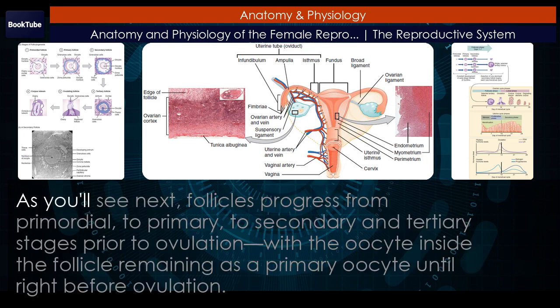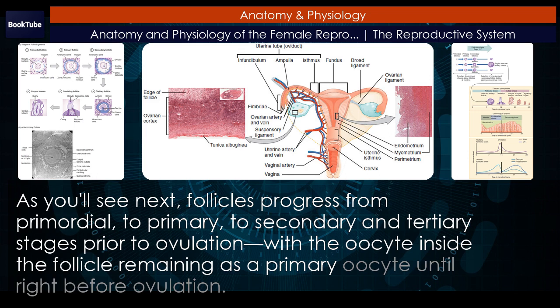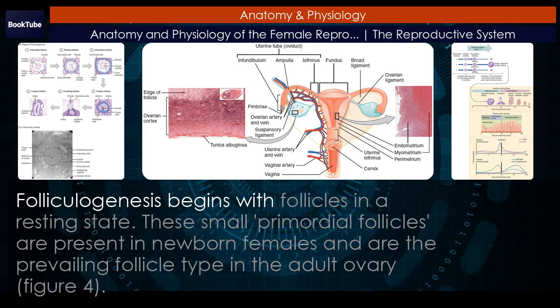As you'll see next, follicles progress from primordial to primary to secondary and tertiary stages prior to ovulation, with the oocyte inside the follicle remaining as a primary oocyte until right before ovulation. Folliculogenesis begins with follicles in a resting state.